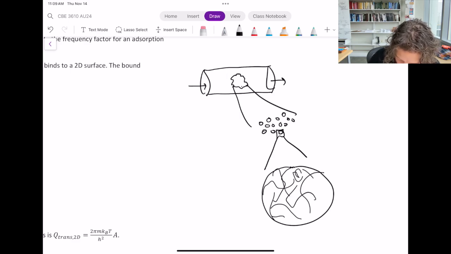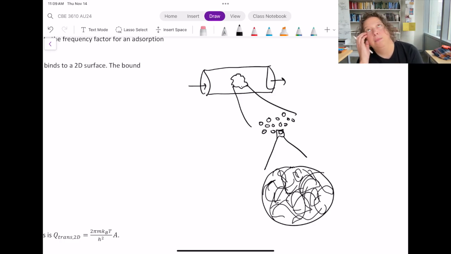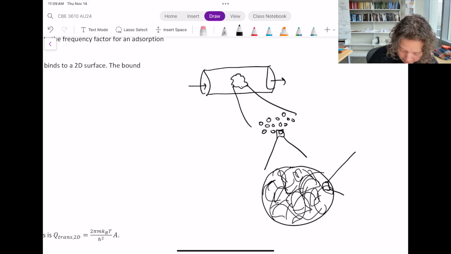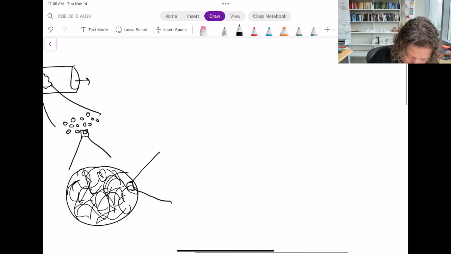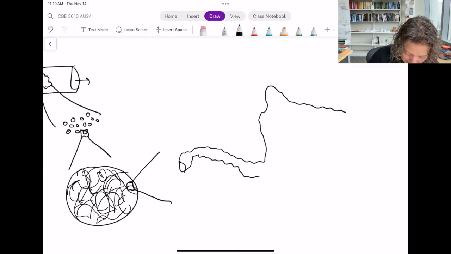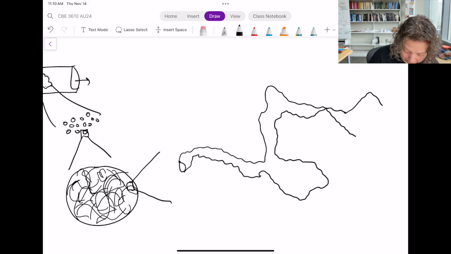So pore structure, it's a spherical particle, but it's got lots of pores, making the analogy kind of like a sponge. So if we looked at one of these pores, what we get is something that looks kind of like this, and of course, no pore looks exactly like this. I'm just drawing something. Maybe it's closed at some point. It doesn't have to be closed, but I'm just giving an example.